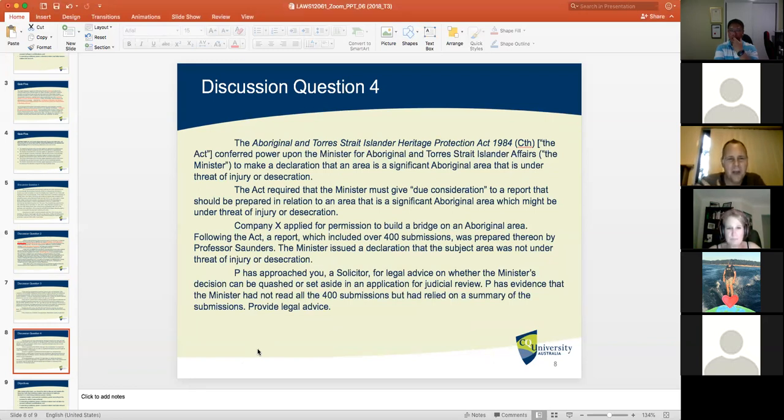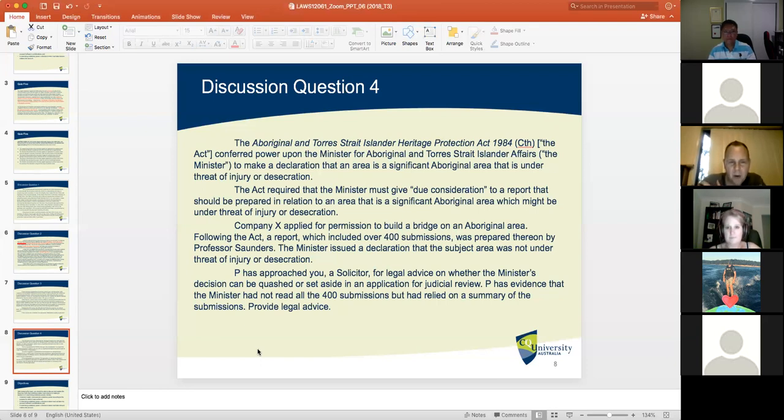I've been called out. The Aboriginal and Torres Strait Islander Heritage Protection Act of 1984 (Commonwealth), the Act, conferred the power upon the Minister for Aboriginal and Torres Strait Islander Affairs to make a declaration in an area that is a significant Aboriginal area under threat of injury or desecration.